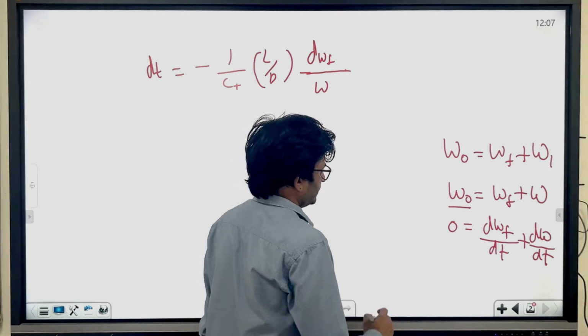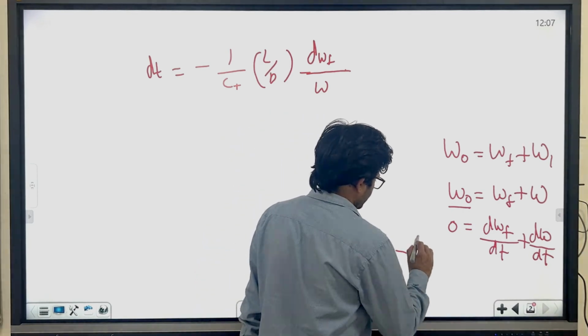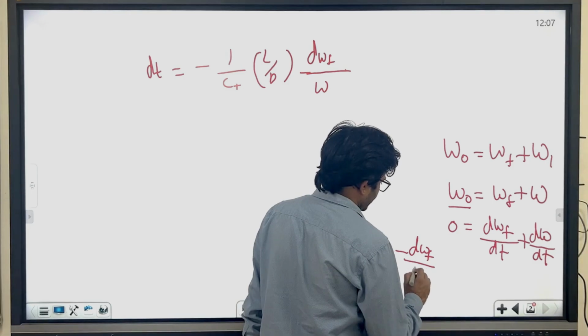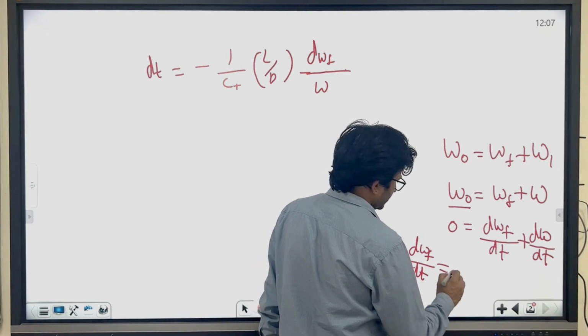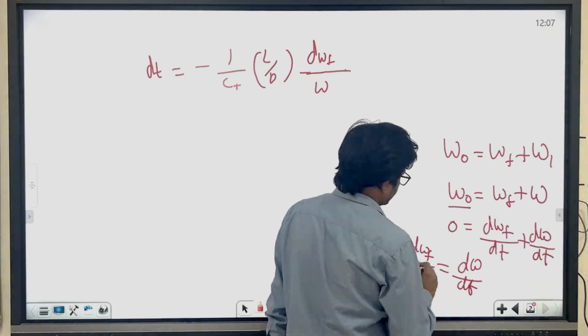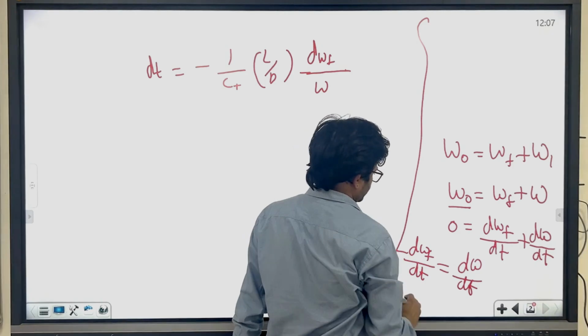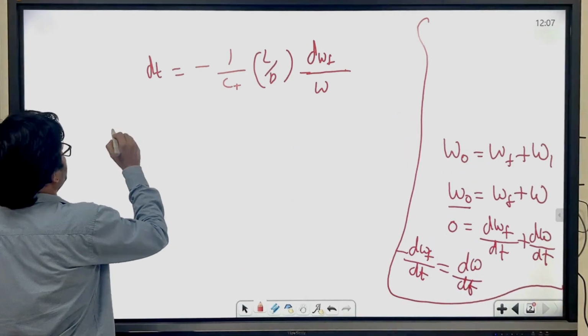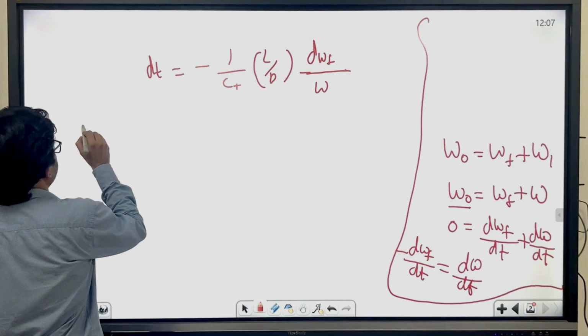So you can write dWf by dt equal to dW by dt. Now integrate both sides.